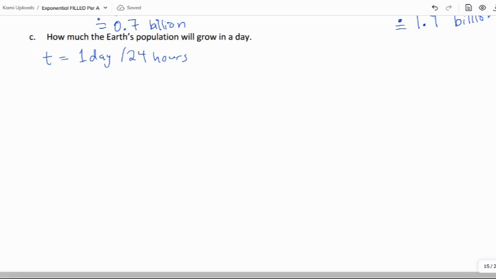I'm going to do that because I want to keep the equation that I have. So we're going to do this based on a year of 365 days, no leap year. So that means that the time elapsed is 1 over 365 years. Does that make sense? 1/365th of a year.